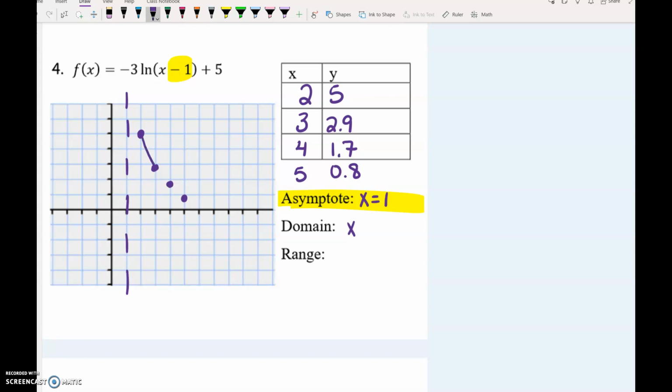So it's going to curve down and to the right here, and it's looking like it's going to flatten out eventually. And then up here, it keeps getting closer and closer to that asymptote. It's still on the right side of the asymptote, so our domain is x is greater than 1, and our range is all real numbers.